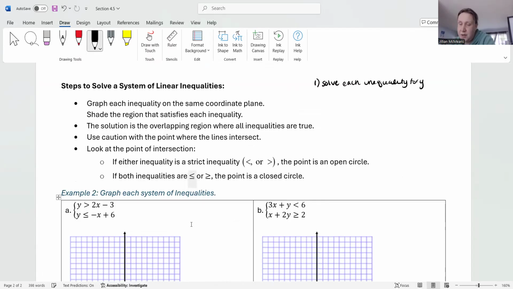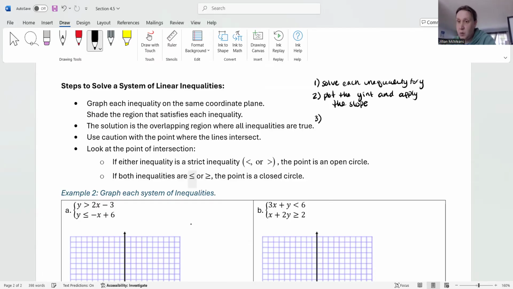Okay, we want to put them in the equivalent of slope-intercept form. We want to plot the y-intercept and apply the slope. Just like when we were dealing with a linear equation in two variables or a single linear inequality in two variables, we want to solve for y, put it in slope-intercept form, plot the y-intercept, apply the slope, and then connect the points.